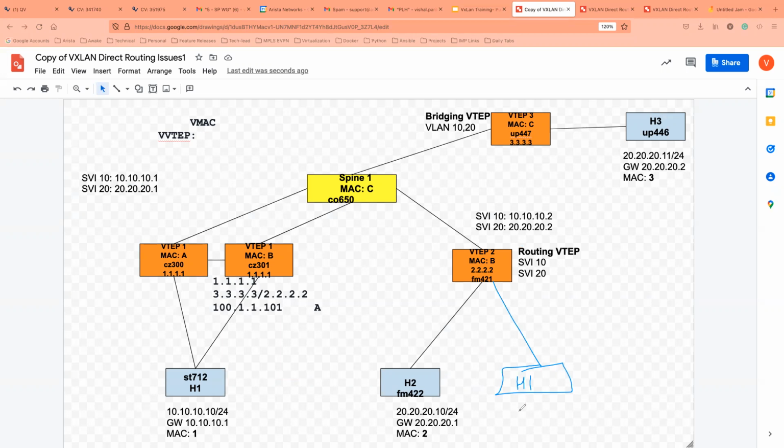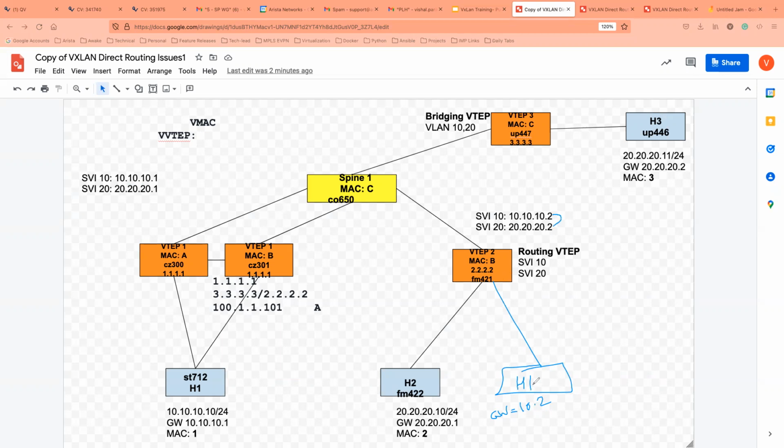Let's say here the gateway we change to 10.2. What else is the problem? Maybe for inter-VLAN routing on the same VTEPs, it will have to go to the same gateway, which may be across the spine or data center.